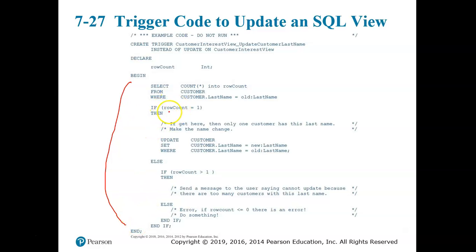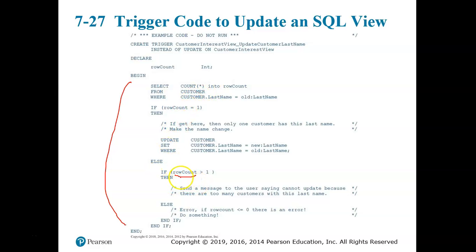If the row count is equal to 1, then update customer, set customer last name equal to new last name, where the customer last name is equal to old last name. What we want to do is to update the last name of a customer.